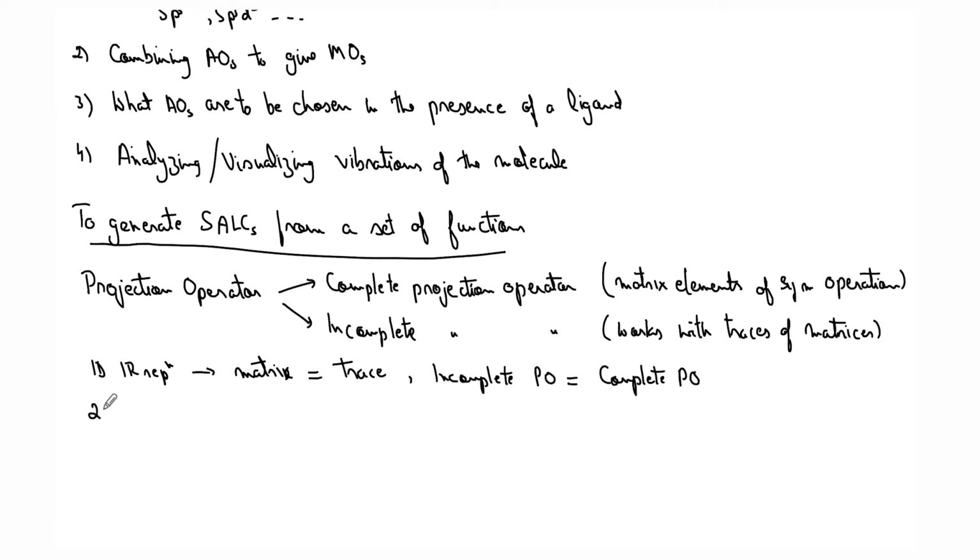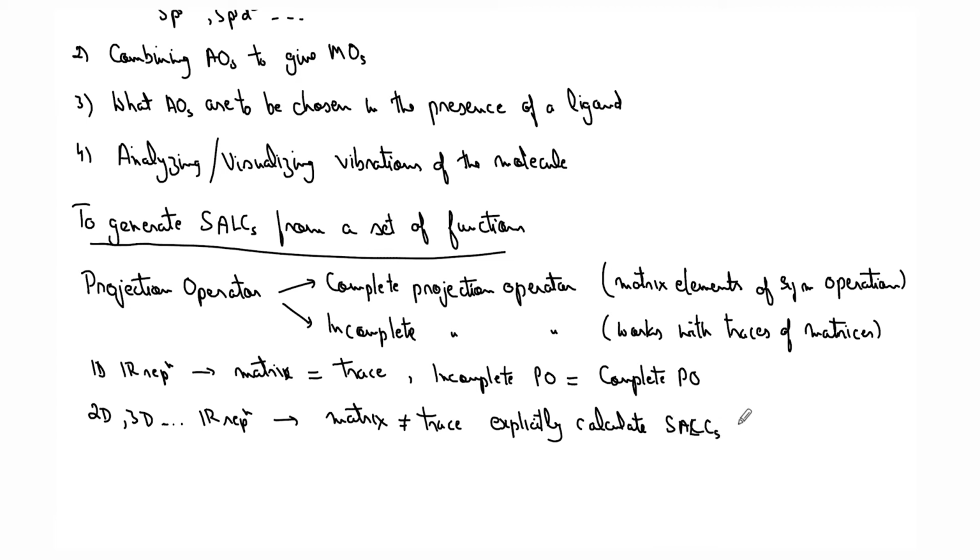But in the case of 2D, 3D or higher irreducible representations, we cannot say this, right? The matrix is not equal to the trace, and thus we need to explicitly calculate SALCs using the complete projection operation, or using the incomplete one also we can do, but we'll see how to actually do it.